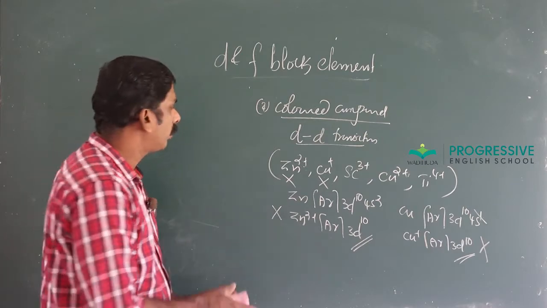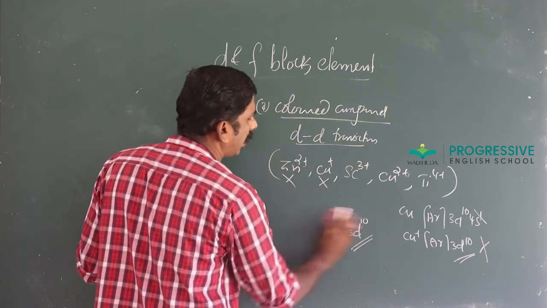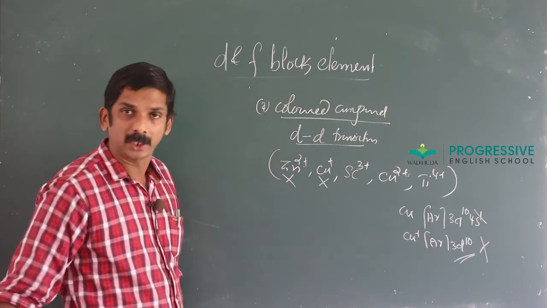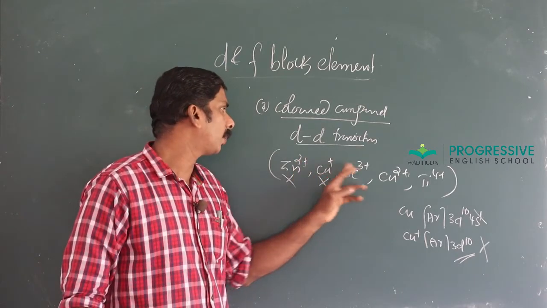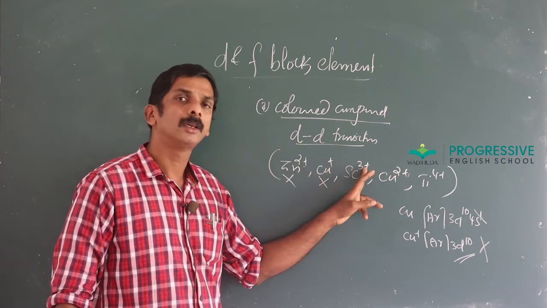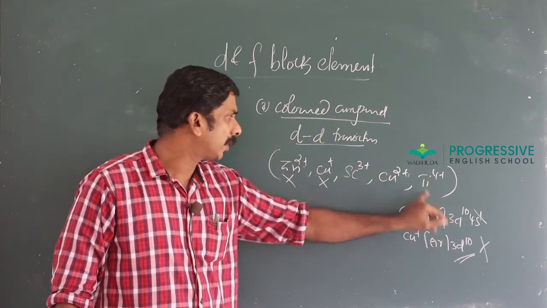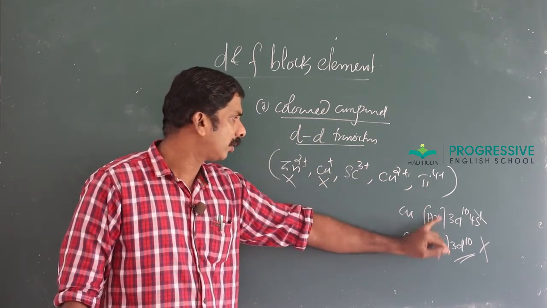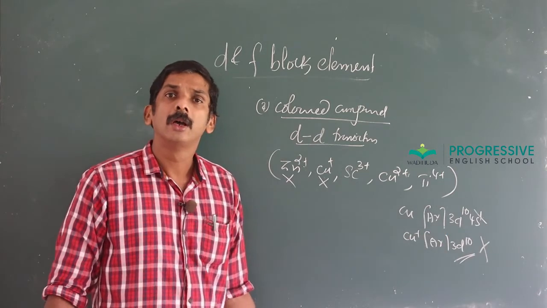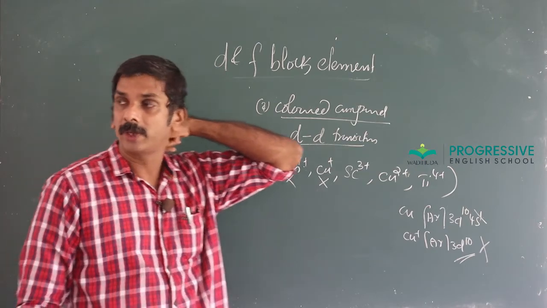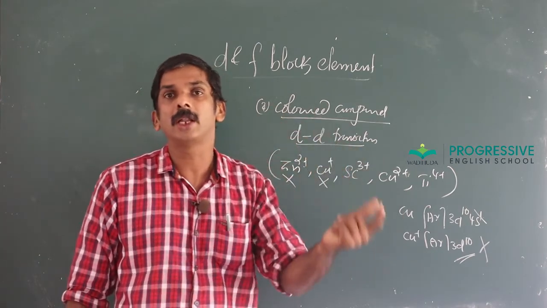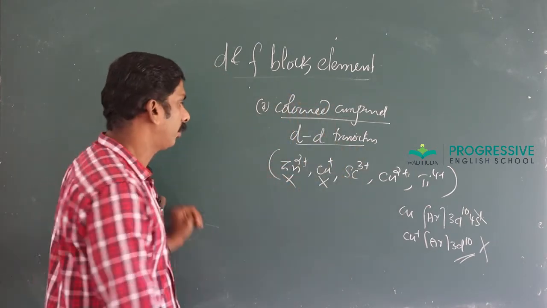Clear? First you should know how to write the valence electronic configuration and find out the number of electrons lost by the atom, then it attains a particular oxidation state, and from the electronic configuration of the ion you can predict whether it is colored or colorless. Those ions that have partially filled d orbitals exhibit color.